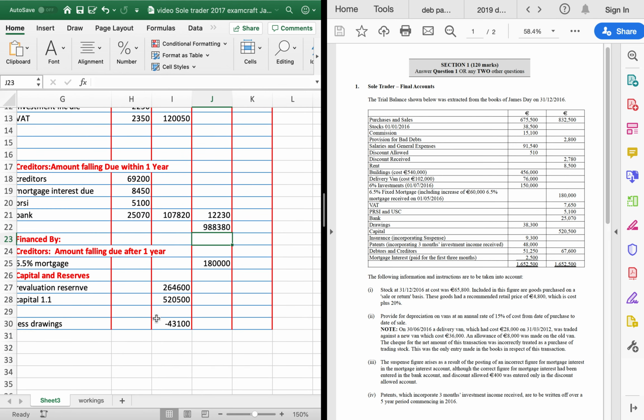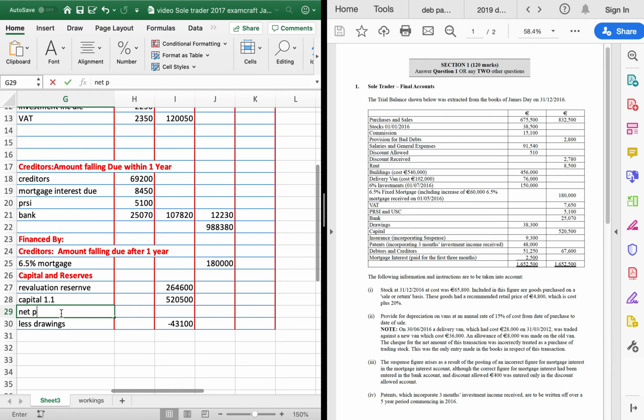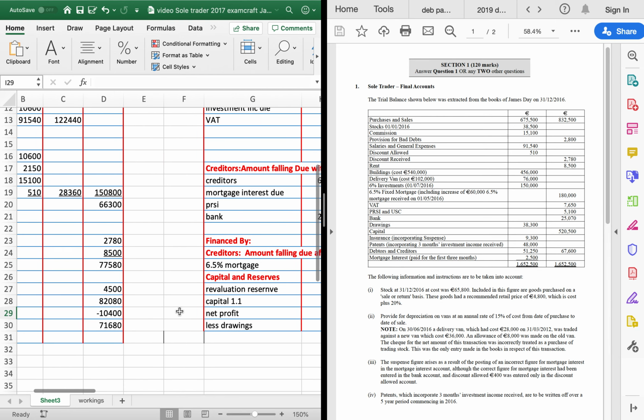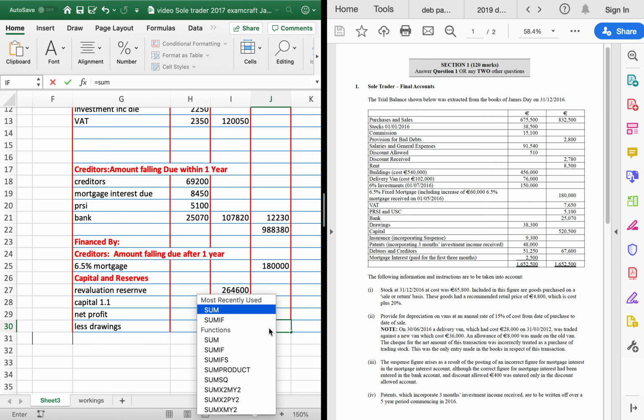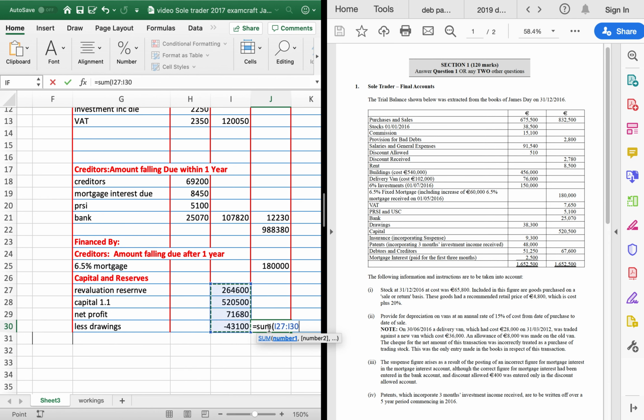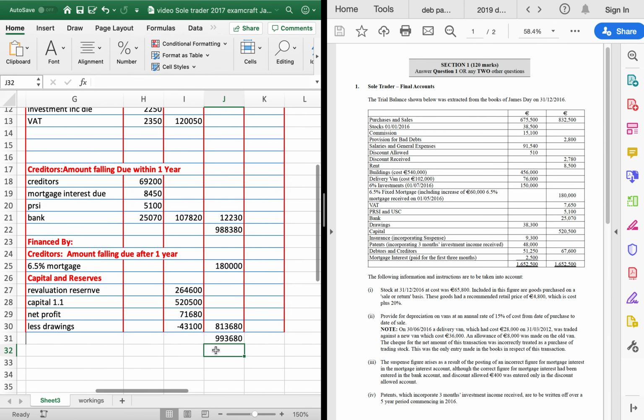Throw in your net profit, 71,680. I checked this beforehand. I'm pretty sure it's 60 something, so I'm going to have to go back and see where I've gone wrong in the trading profit and loss. Add those up and then add that on, see if it balances. And it doesn't. I've a good idea where I've gone wrong.